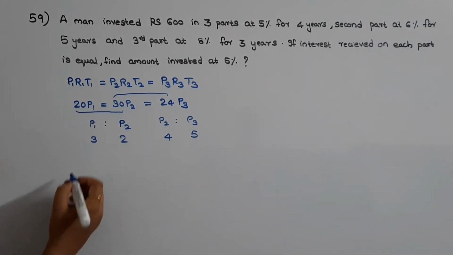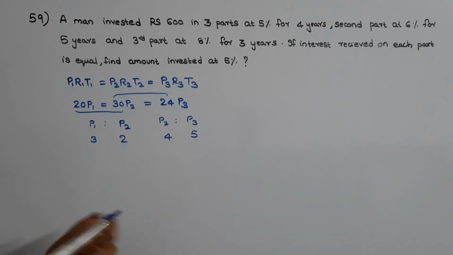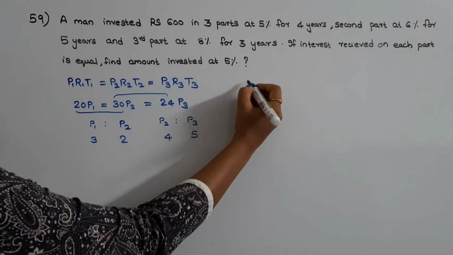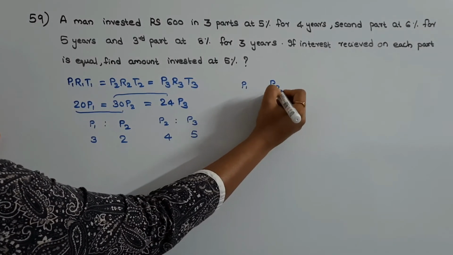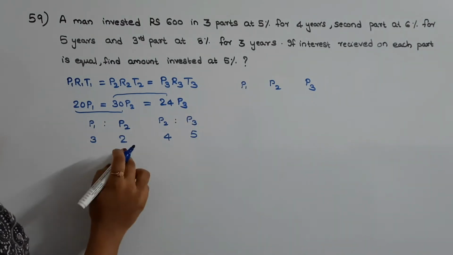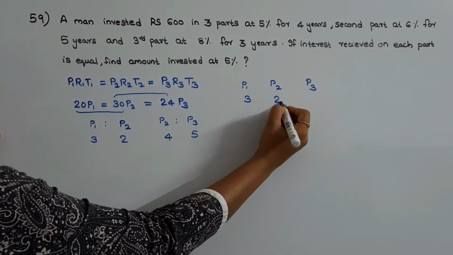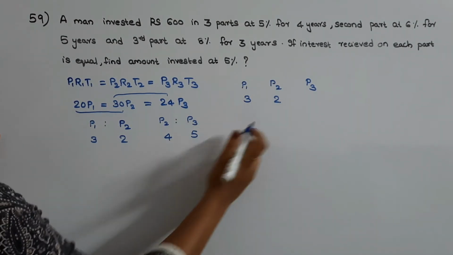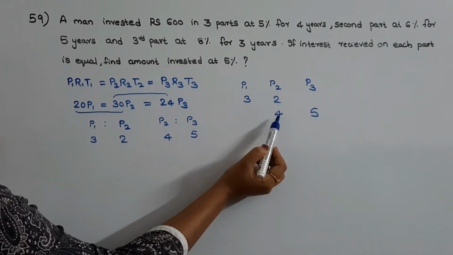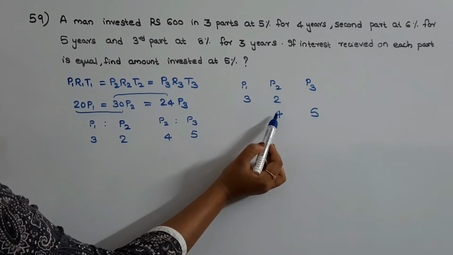But we want P1 is to P2 is to P3. So how can we find P1 is to P2 is to P3? Write P1, P2, P3. Below P1 and P2 write 3 and 2. Below P2 and P3 write 4 and 5. We need to equate the middle values. So how can we make this equal?